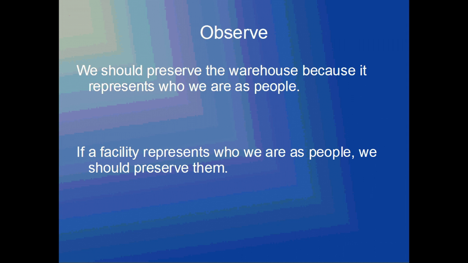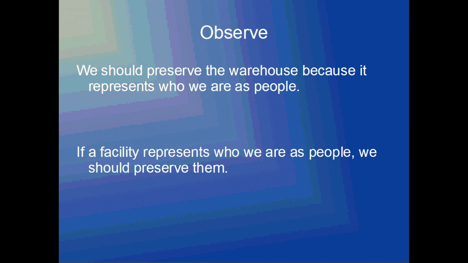Now, for this conditional proposition, you want to ask yourself, in every case that a facility represents who we are as people, should we preserve it? Now, if you can think of a case when you should not preserve a facility which represents who you are, then the next question you should ask is, what is special about how this warehouse represents us as people that we should preserve it?